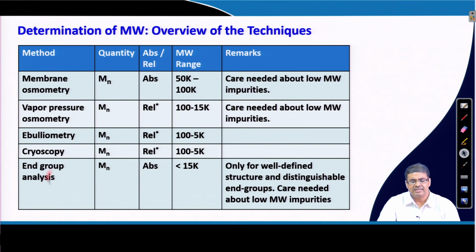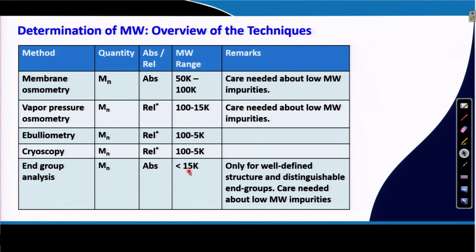End group analysis is done using some chemical techniques, and this also gives number average molecular weight, and this is an absolute measurement technique. Polymers with low molecular weight, especially if the value is less than 15,000.